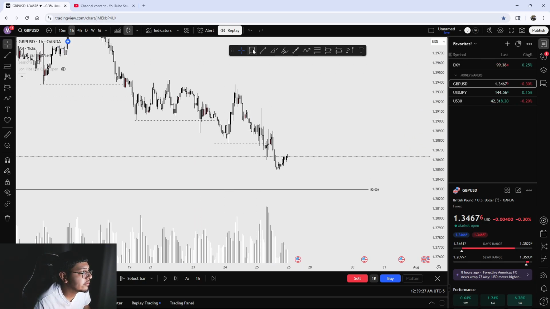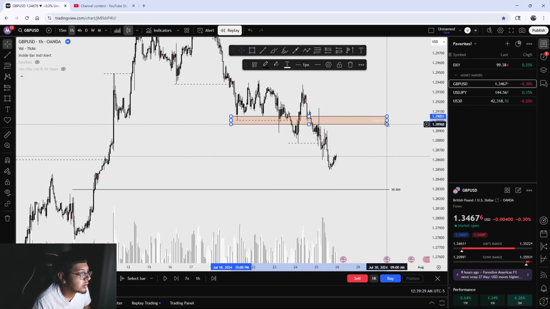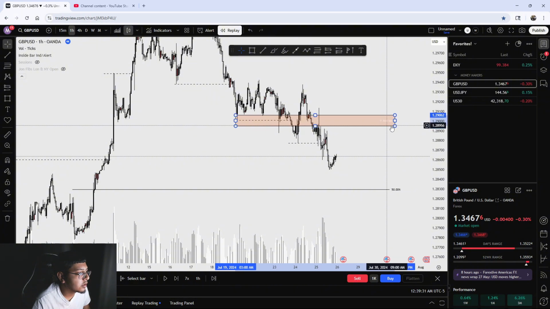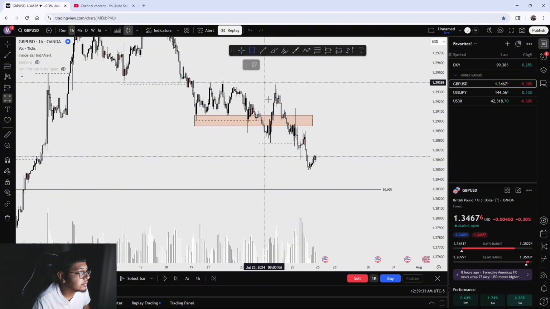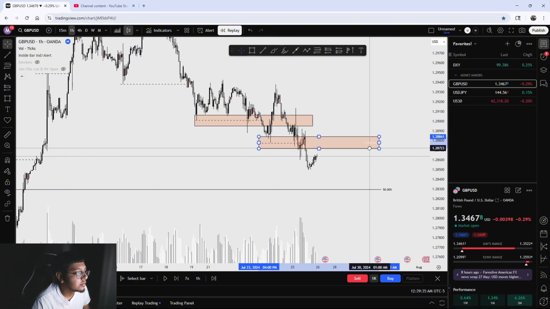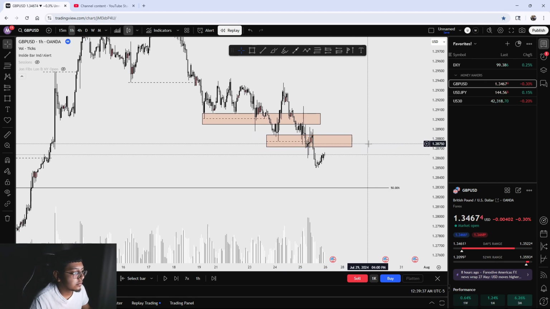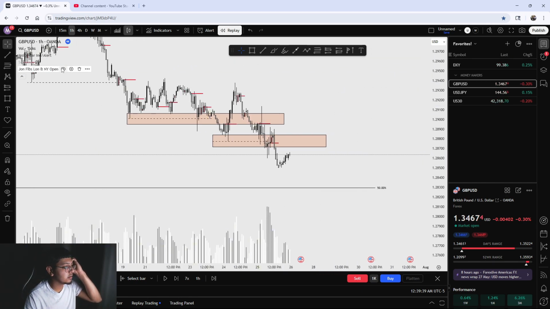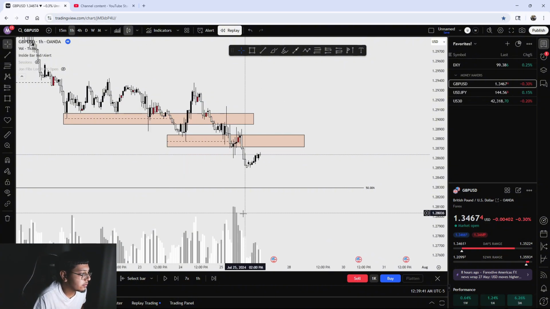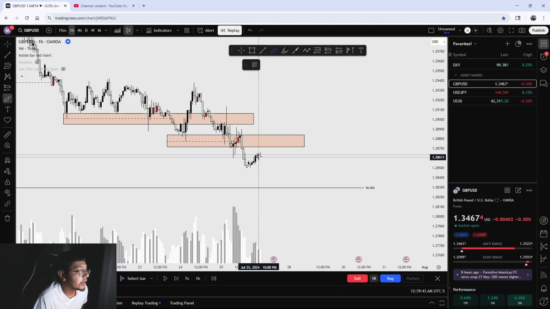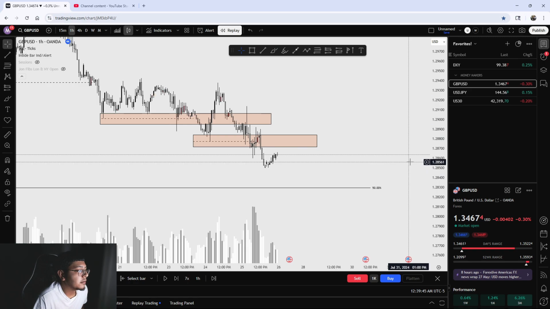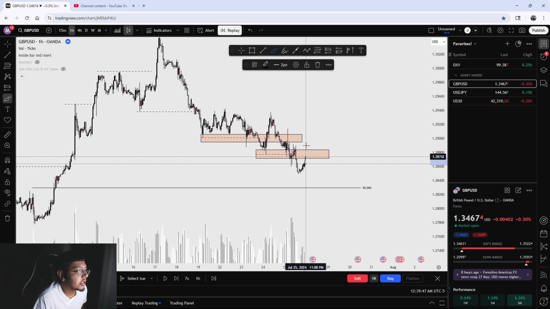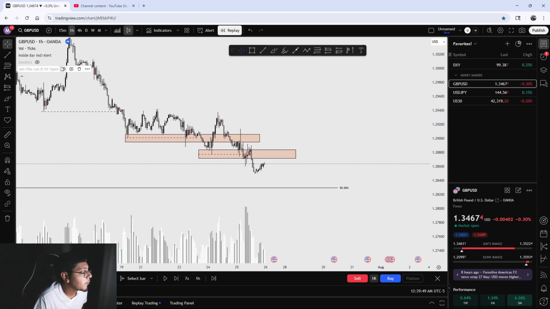So we're currently bearish on the 1 hour time frame. So as you can see, we can mark up our zones on the 1 hour. Okay. So what I want now from price is to continue bearish, right, until we get a break to the upside.